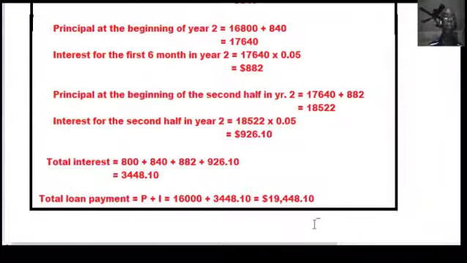Total loan payment equals principal plus interest. This is $16,000 plus $3,448.10. This equals $19,448.10.